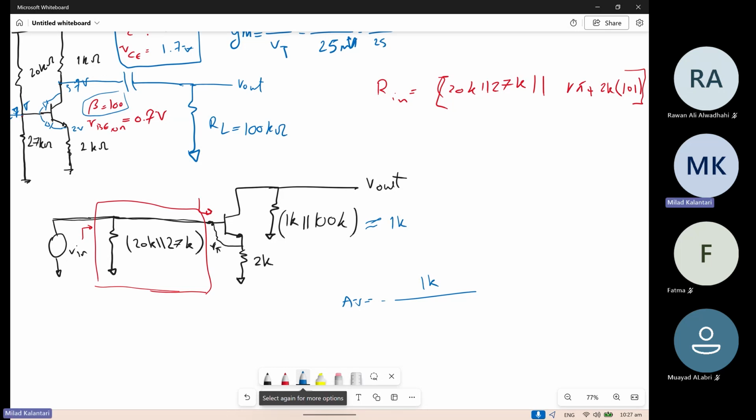Rin is what? R pi plus 2K, let me write it. Plus 1. Oh, okay, you are saying Rin here, right? What plus what? You mean just this? Is this the gain? Can you repeat so that I write it?